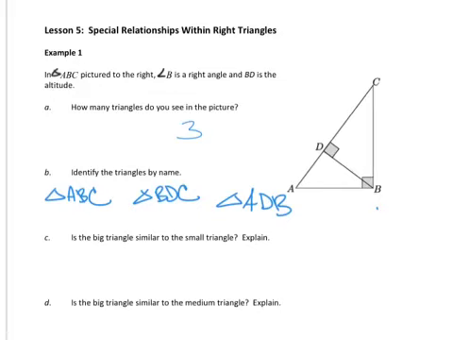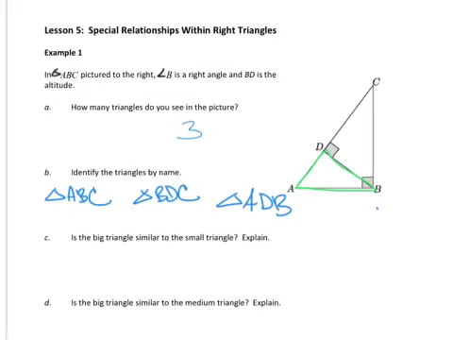So again, our three triangles consist of the big one, ABC, the medium-sized one, BDC, right there, and the small triangle, ADB. So these are the three triangles that we can talk about.